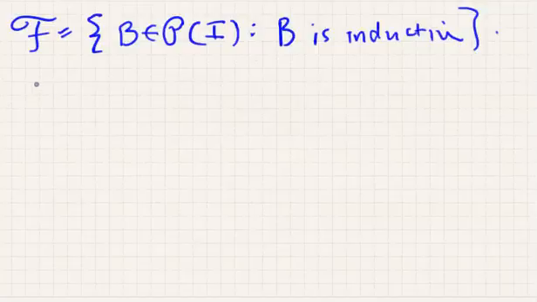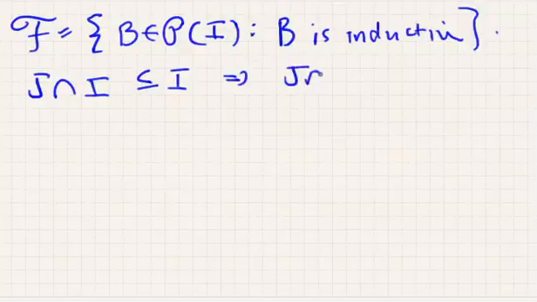We know that J intersect I is a subset of I. This implies that J intersect I is going to be in F, because it's inductive and it's a subset of I.